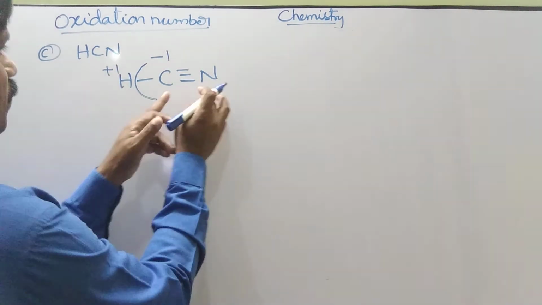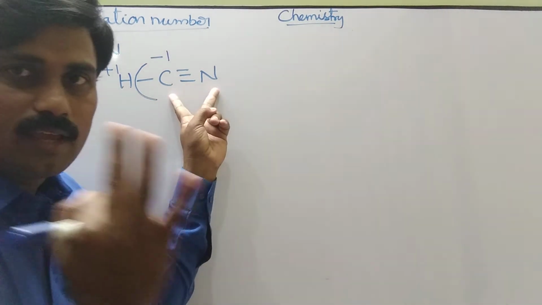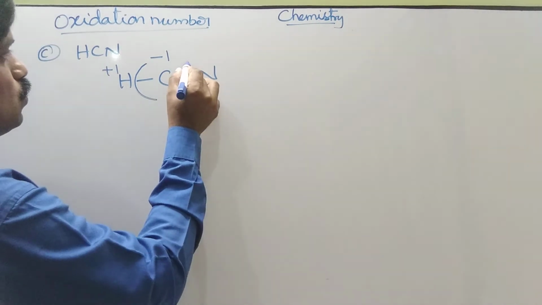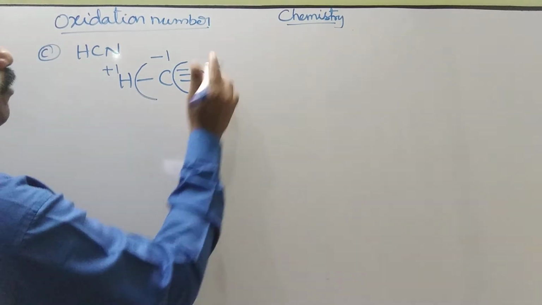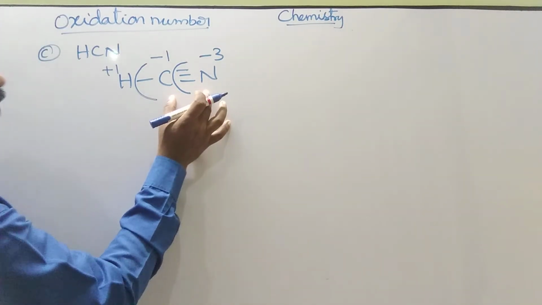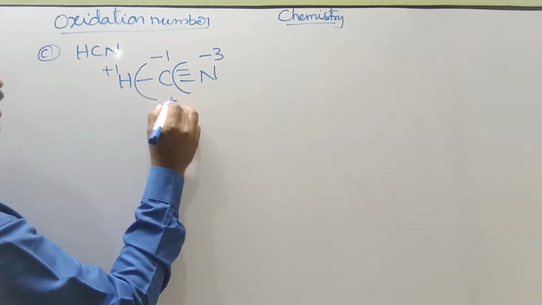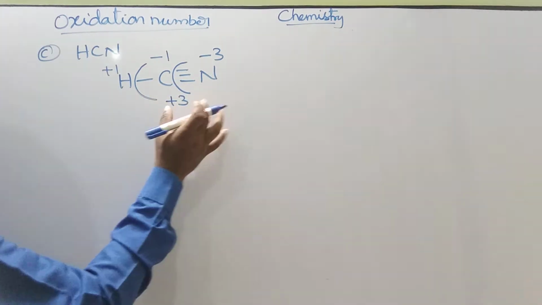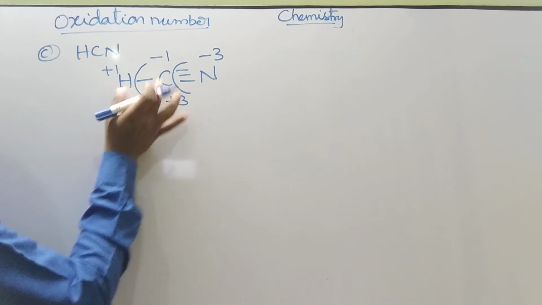Between carbon and nitrogen, nitrogen electronegativity value is 3, carbon electronegativity value is 2.5. That's why between these two, the bonds are occupied by nitrogen. These three bonds, that's why nitrogen is -3. And between nitrogen and carbon, carbon is losing the 3 bonds. That's why carbon is exhibiting +3. Between hydrogen and carbon, hydrogen +1, carbon is -1.